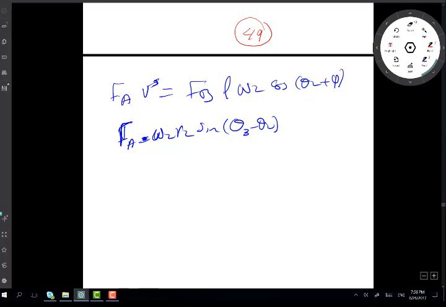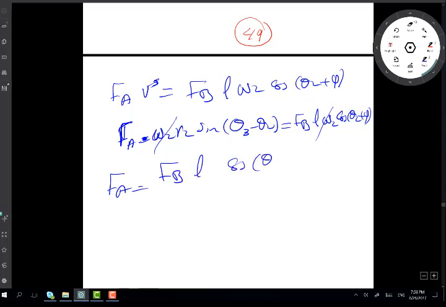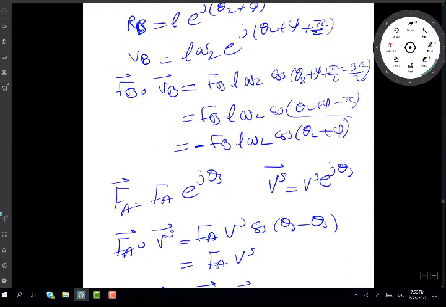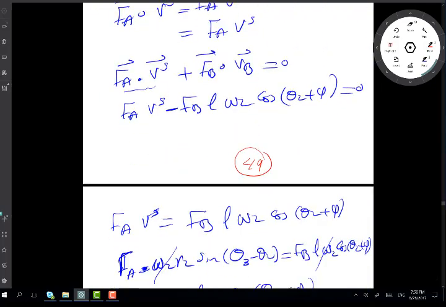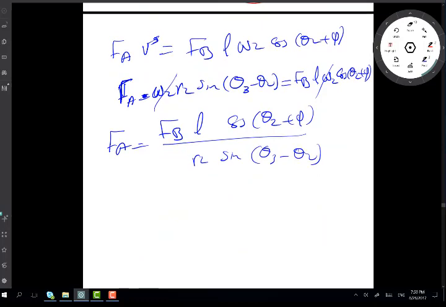All this is VS, that's equal to FB L ω2 cosine(θ2 + φ), and then ω2 cancels out. You get FA being equal to FB L cosine(θ2 + φ) over R2 sine(θ3 − θ2). This was θ3 minus θ2 sine. Okay, so this will give me an expression for the force required in the cylinder.